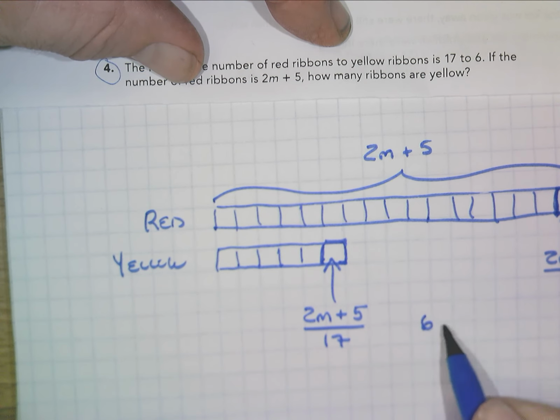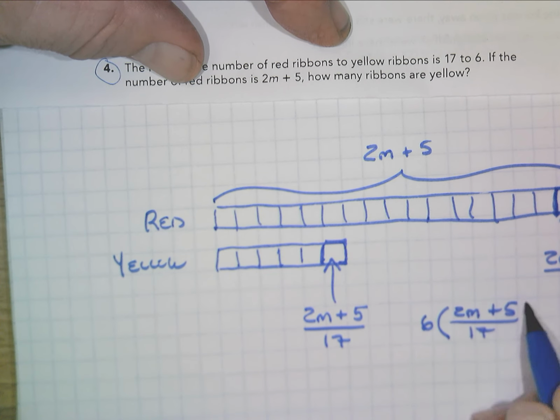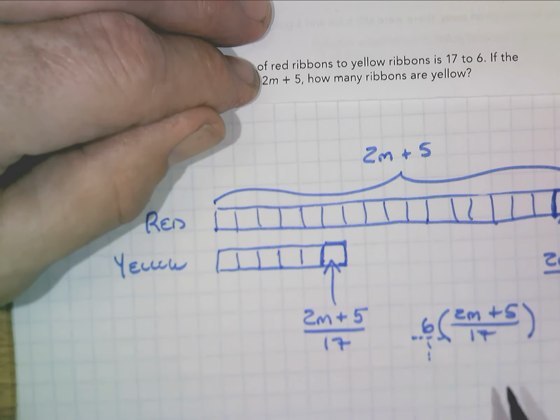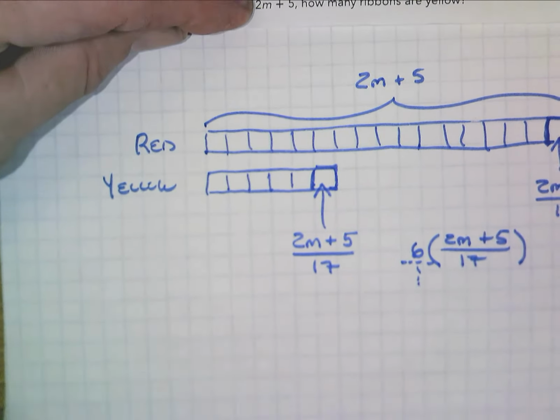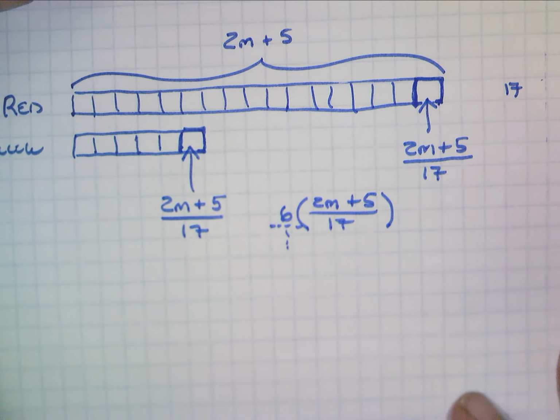So we are going to do 6 times the quantity 2m plus 5 over 17. When I multiply fractions, and this kind of is a fraction here, I multiply the tops and the bottoms.